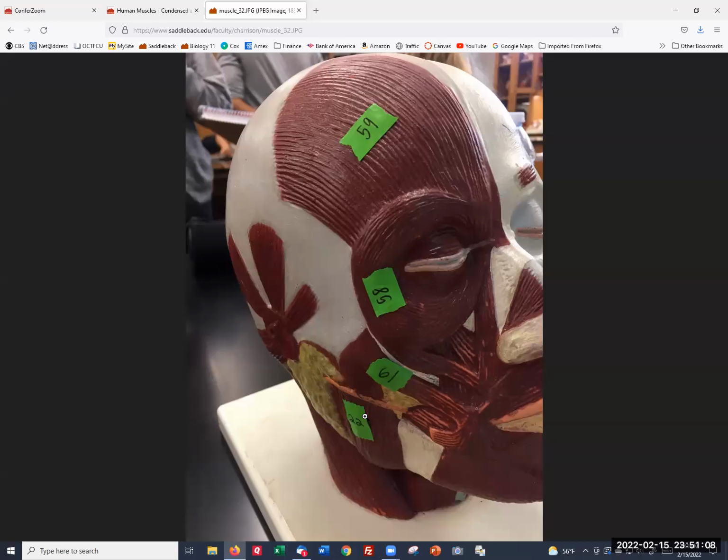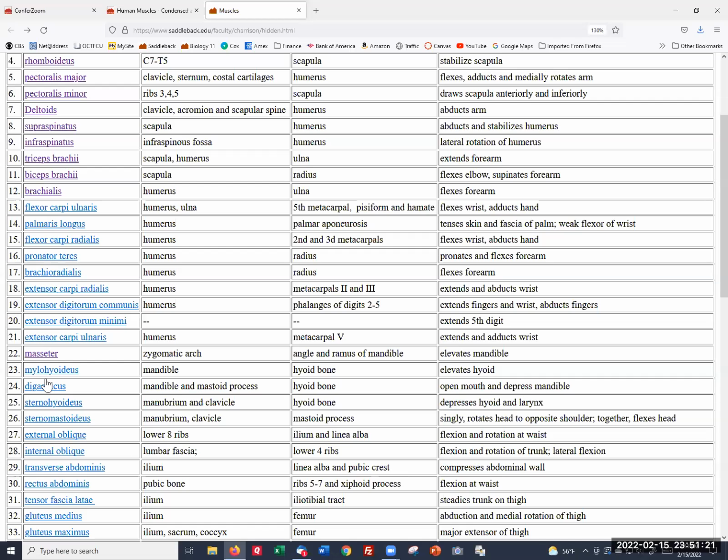They can name it, they know what it does, closes the mouth. Now, origins and insertions though. Well, back up and learn it. The origin is the zygomatic arch, and the angle of the ramus is the insertion.